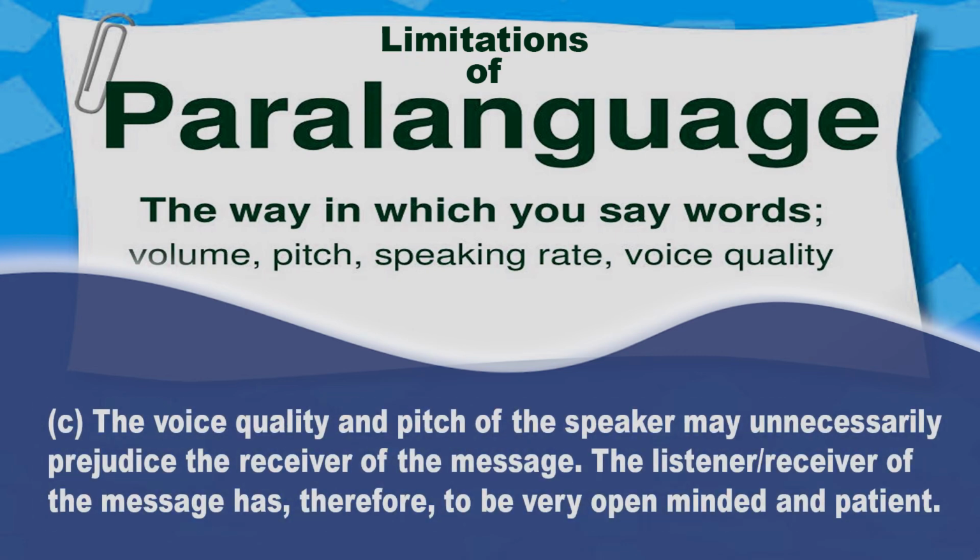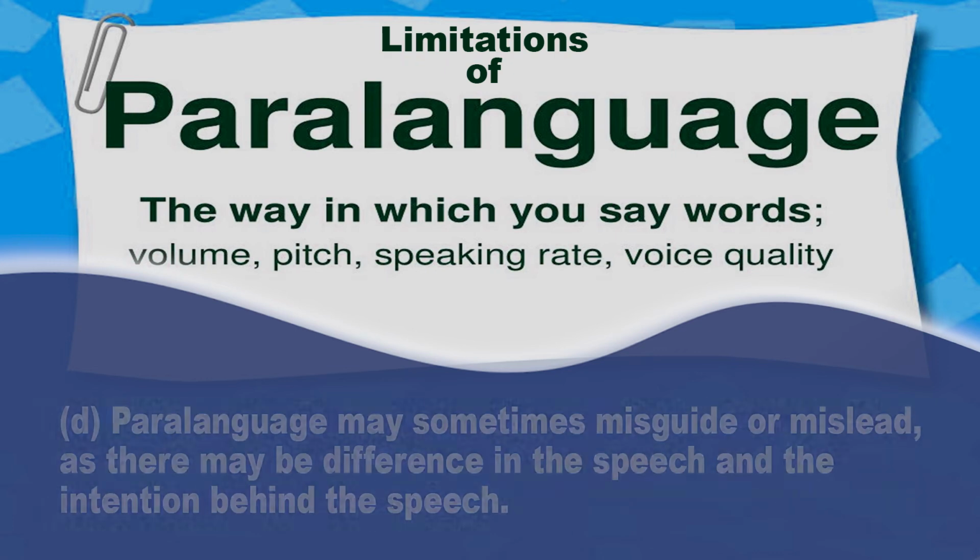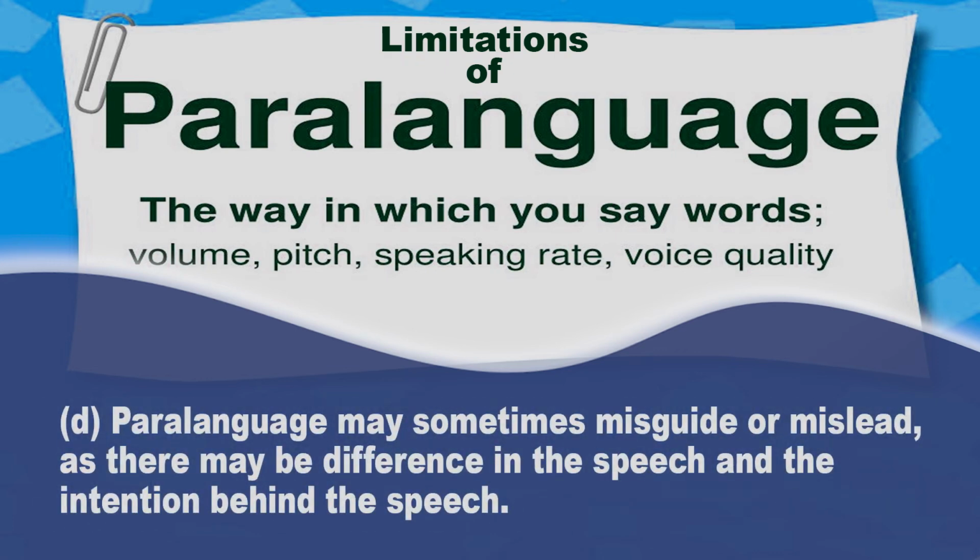The voice quality and pitch of the speaker may unnecessarily prejudice the receiver of the message. The listener or the receiver of the message has therefore to be very open-minded and patient. Paralanguage is sometimes misguided or misleading as there may be differences between the speech and the intention behind the speech.